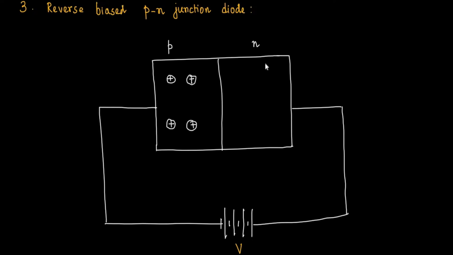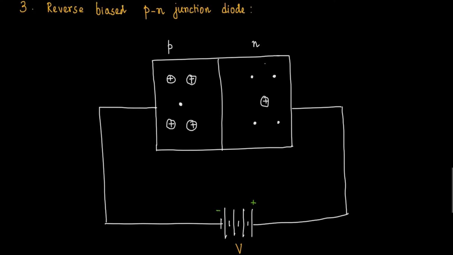Holes are majority charge carriers, conduction electrons are minority charge carriers, and on the other side, in the n region, conduction electrons are majority charge carriers, holes are minority charge carriers. Now we can denote the negative terminal of the external battery. This is the negative terminal and these are positive terminals, and this is a strong battery in comparison to that used in forward biased junction diode.